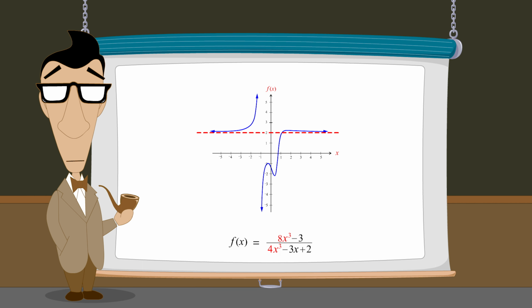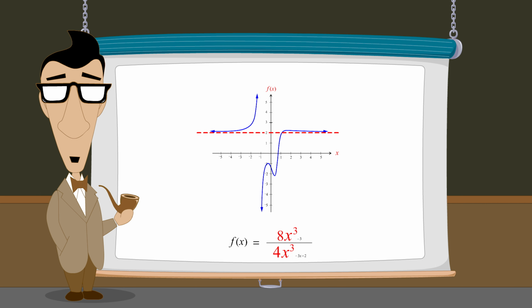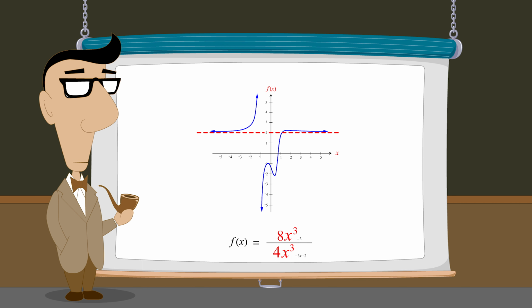Since these exponents are larger than the exponent of any other term in the numerator or denominator, as x takes on large values, these terms grow much faster than the other terms, and the values of the numerator and denominator each approach the values of their leading terms 8x cubed and 4x cubed. So for large x values, the function's value approaches the ratio of these two leading terms.